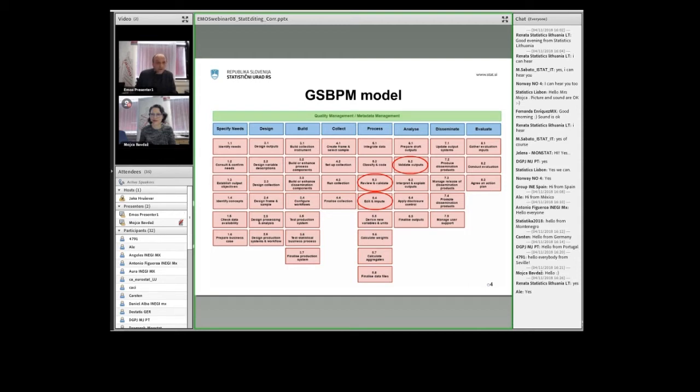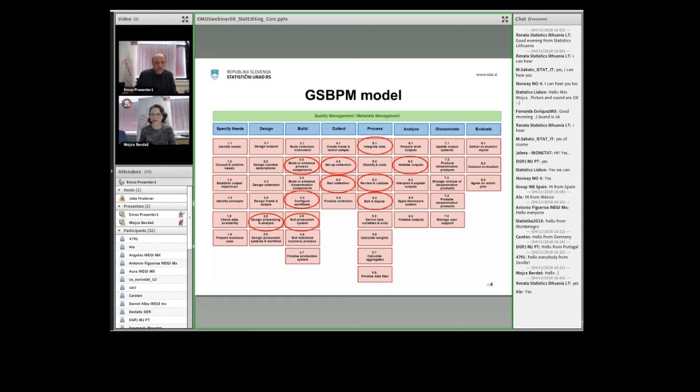So if it's already in the collection phase, we can go also to the left and say, okay, but here we have design. We have to think about validation rules, we have to make them, and we have to program them. So in fact, if we look a little bit wider, we can see that editing is also in other sub-processes. I made a circle around the sub-processes where I think data editing is involved at least partly, explicitly or implicitly.